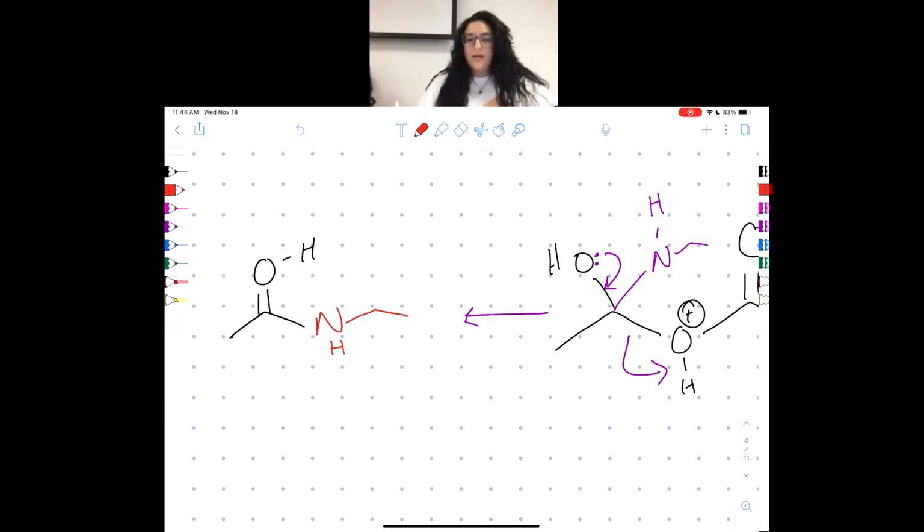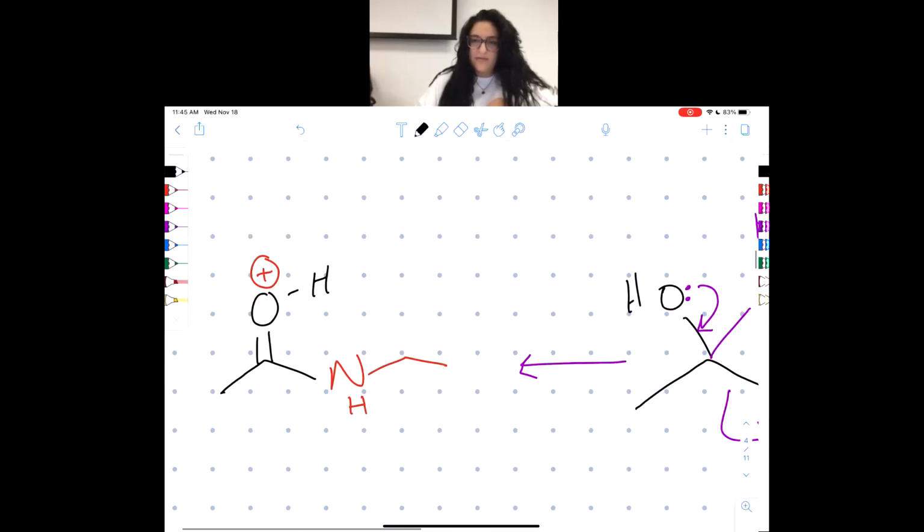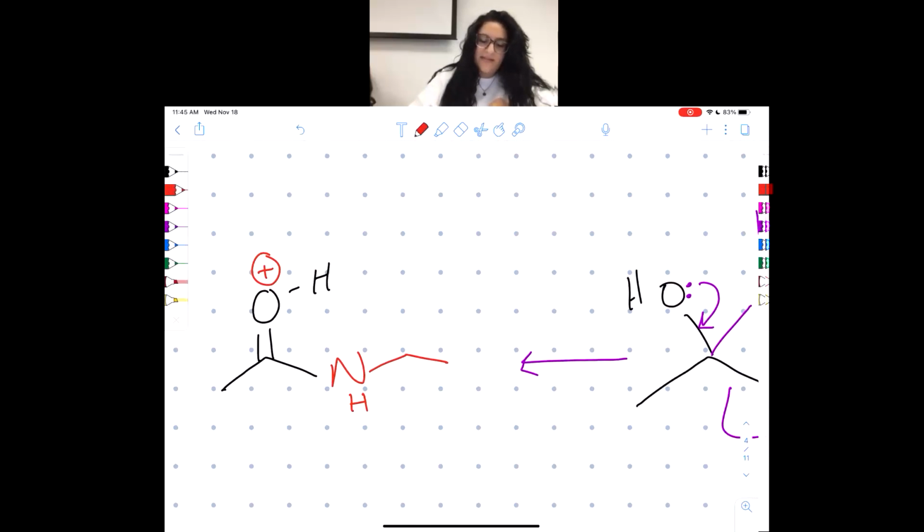So, are we happy with our final product? No, because we have to deprotonate. Awesome. I didn't draw that plus charge here, and you guys caught on. So I believe we had HCl. Yes. Sorry for zooming in and out. We have Cl minus left in solution.